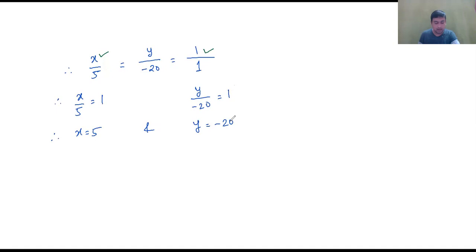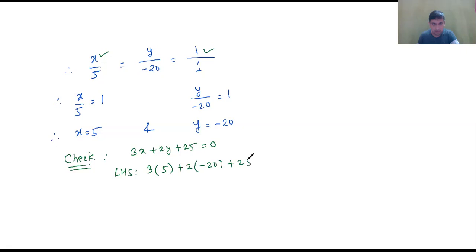Is this correct? So we can make the check. Let us check. We will put these values in any one of the equations, and we will see whether the values which we have got are correct or not. So let us put these values in equation 1, 3x plus 2y plus 25 is equal to 0. Let us take LHS. So 3 into 5 plus 2 into minus 20 plus 25.